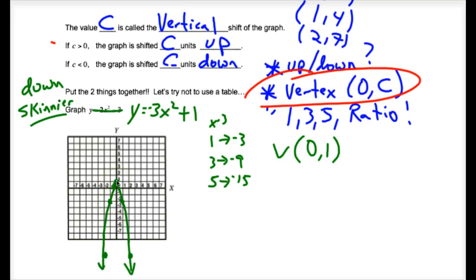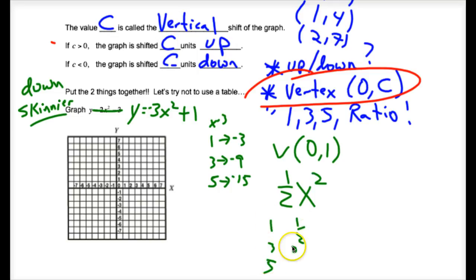So, can you guys do this stuff? You will need your notes when fractions come into play. Watch this. If you have a half x squared, 1, 3, 5, watch what happens. A half, 3 halves, 5 halves.